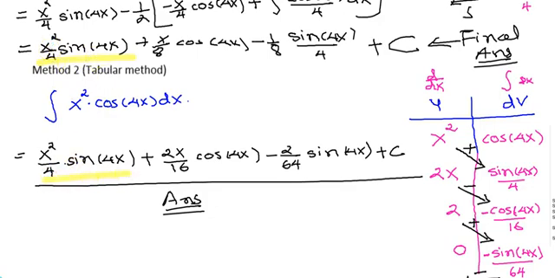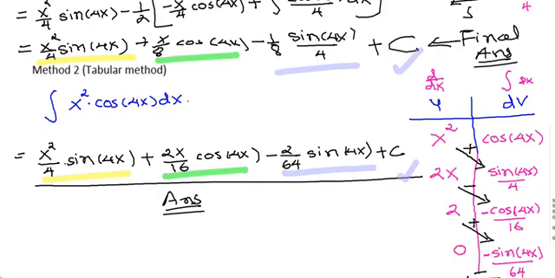I got that part. x over 8 cosine 4x. Remember 2/16 is the same as 1/8 cosine 4x. Third is 1/8 sine 4x, and 8 times 4 is 32. And 2 over 64 is also 1/32. And we have a C. Same answer.